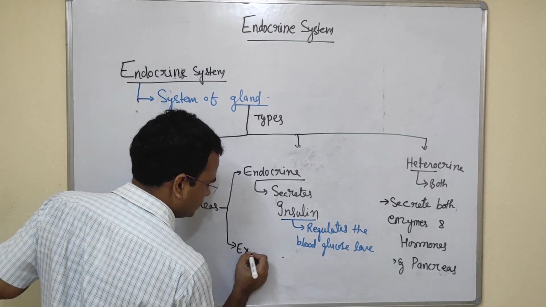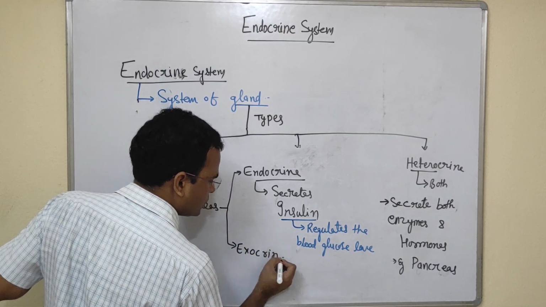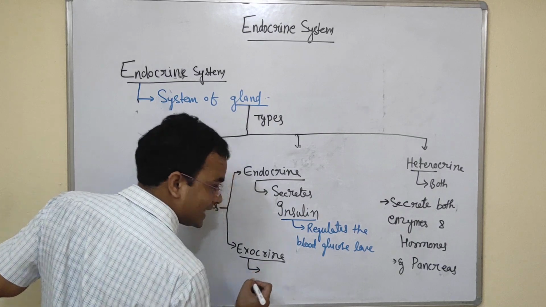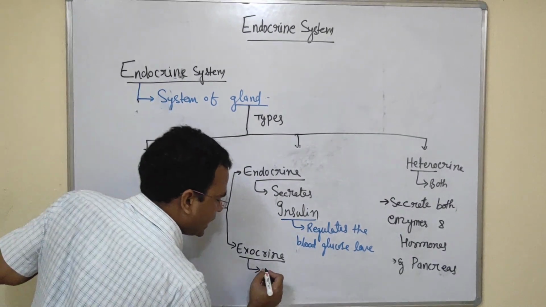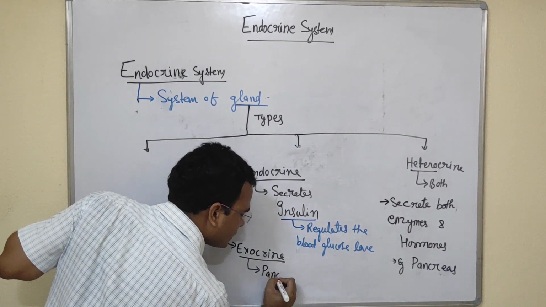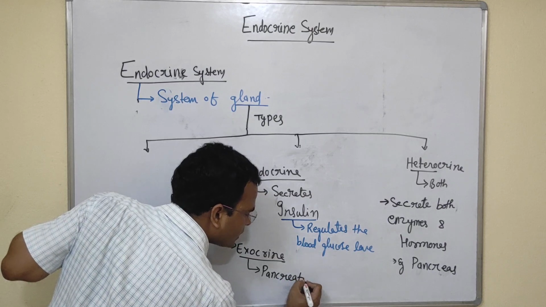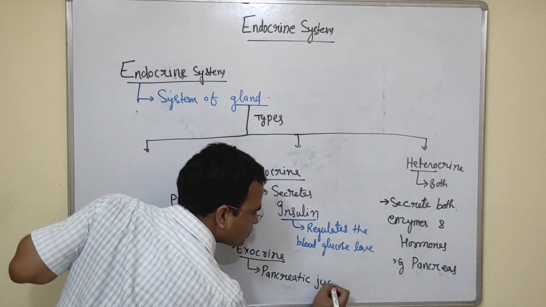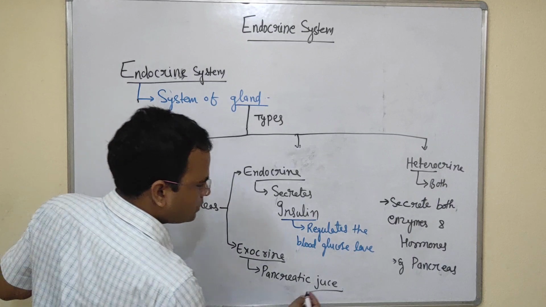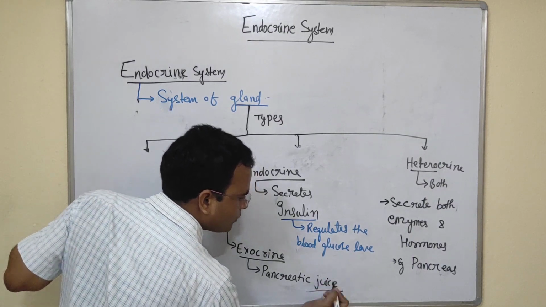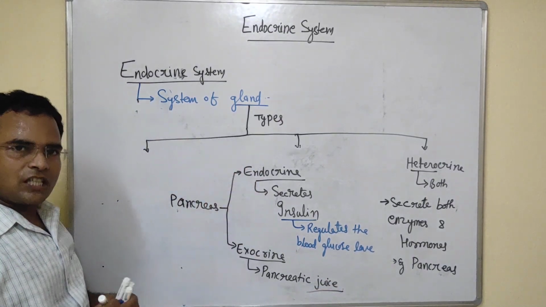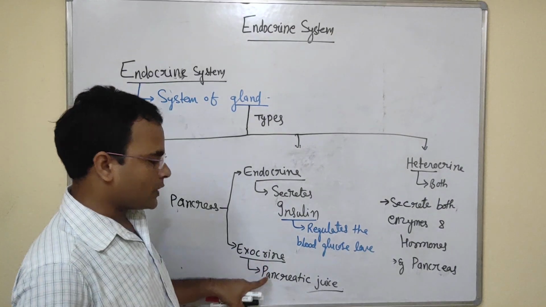So what is the exocrine portion? The pancreatic juice is coming out. The pancreatic juice is an exocrine secretion.